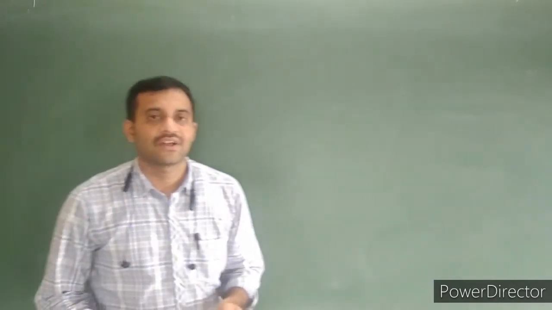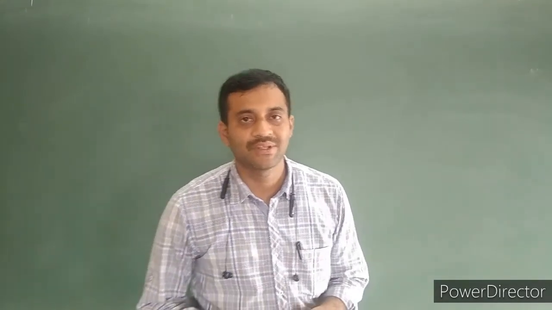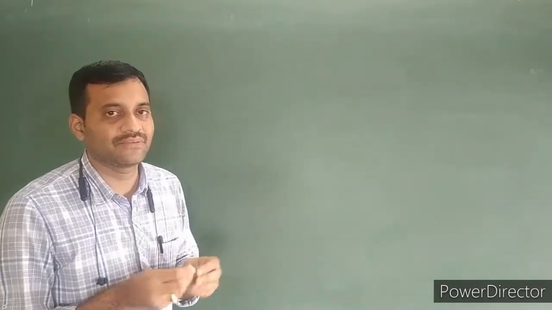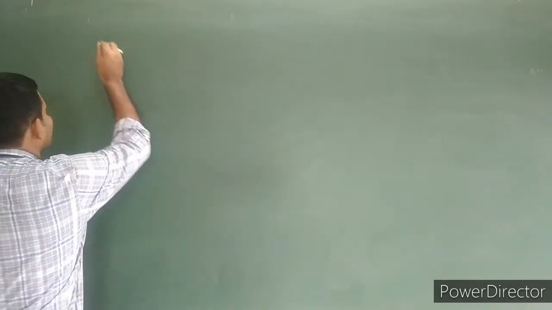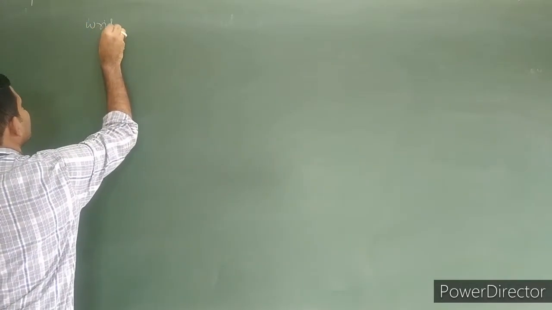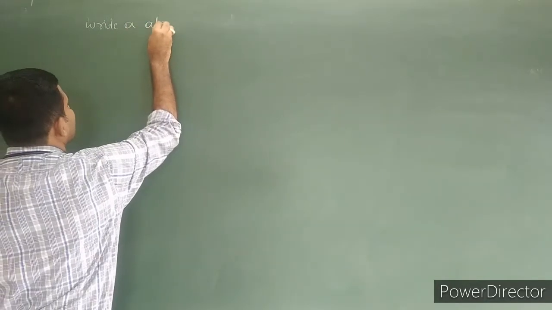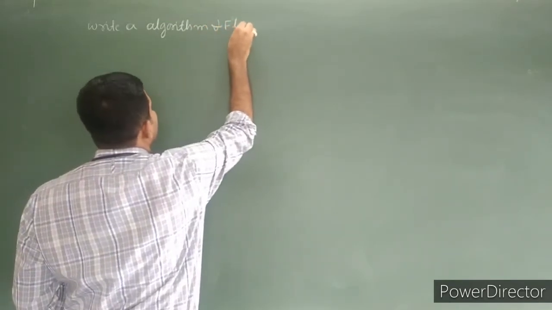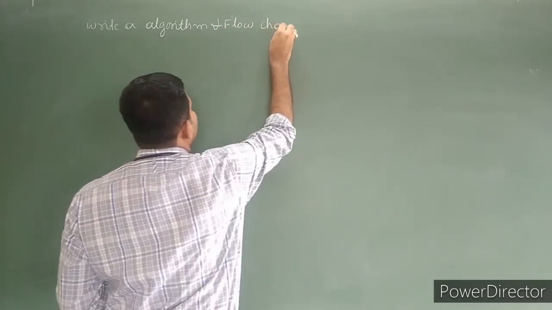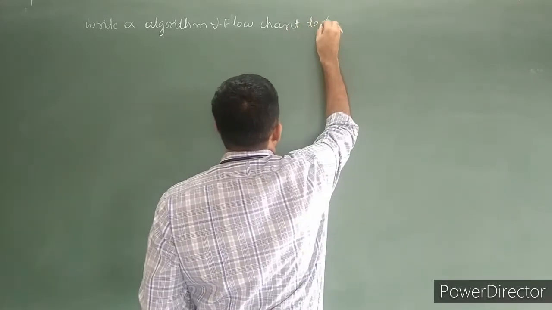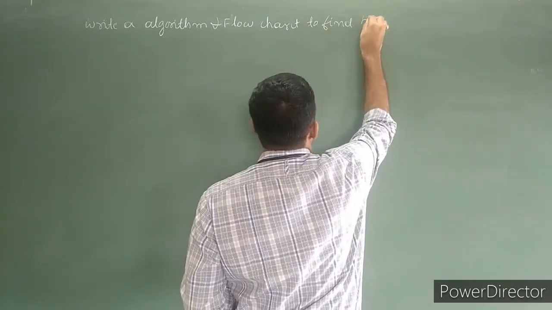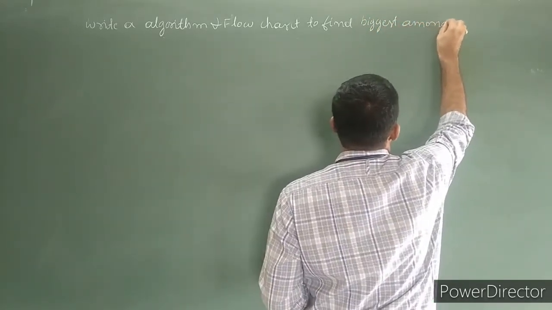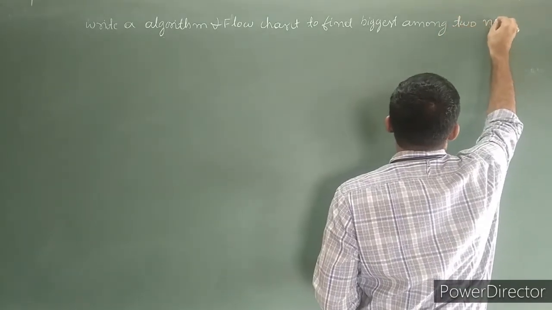Okay, let's write an algorithm and flowchart to demonstrate the working principle of simple if. This algorithm demonstrates how the simple if works. Write an algorithm and flowchart to find the biggest among two numbers.